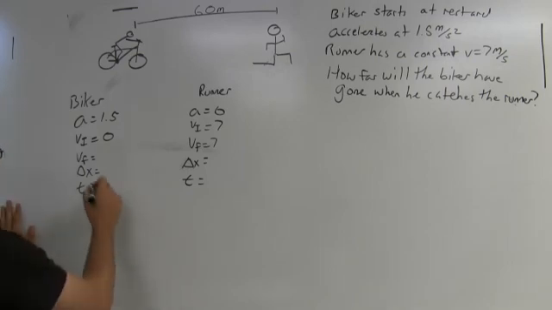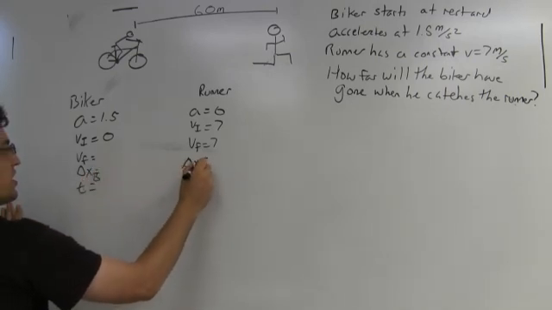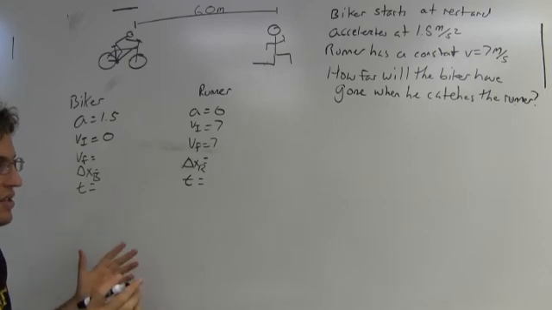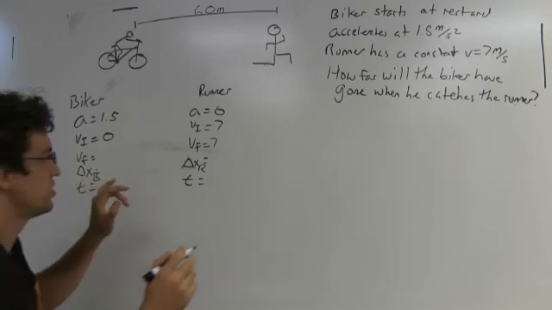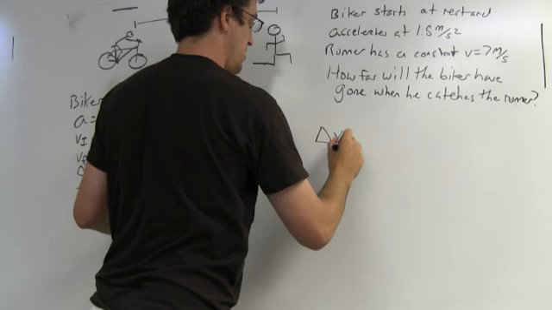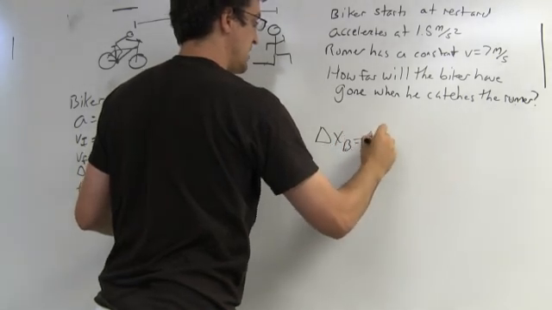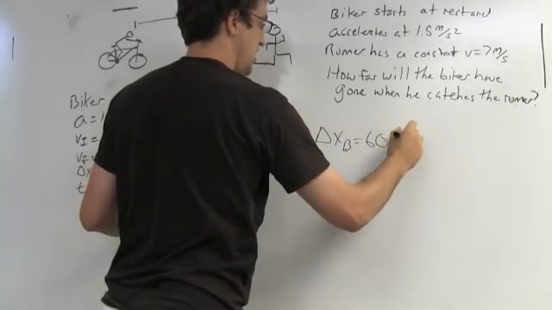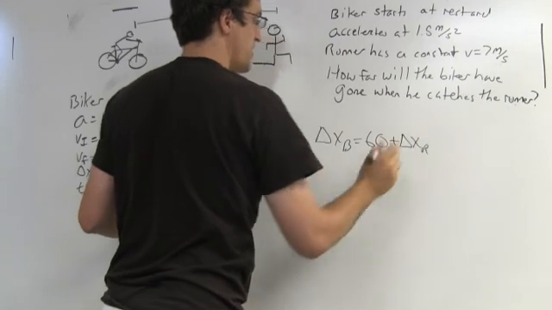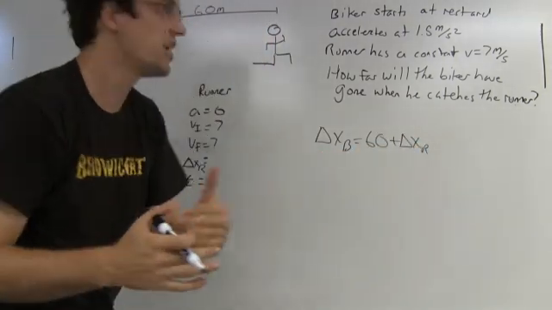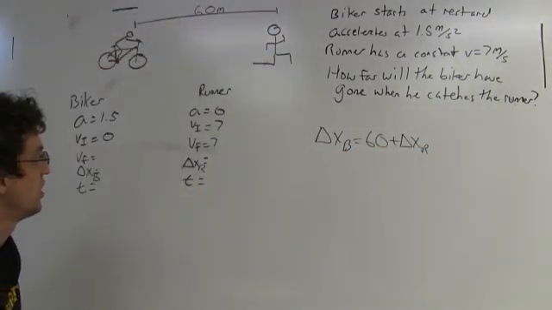So let me label this: change in x biker, change in x runner. What's going to be the same about them? Well, change in x biker is going to equal 60 plus change in x runner, because however far the runner goes, he already had 60 extra meters.